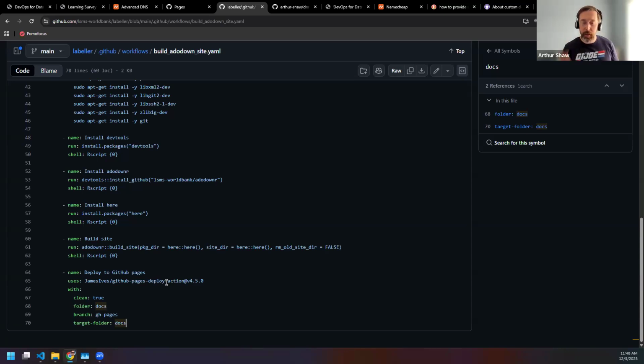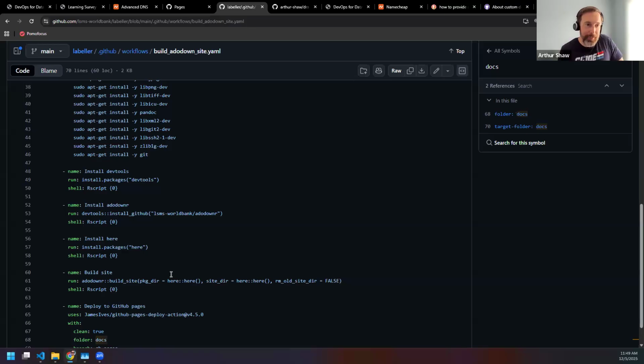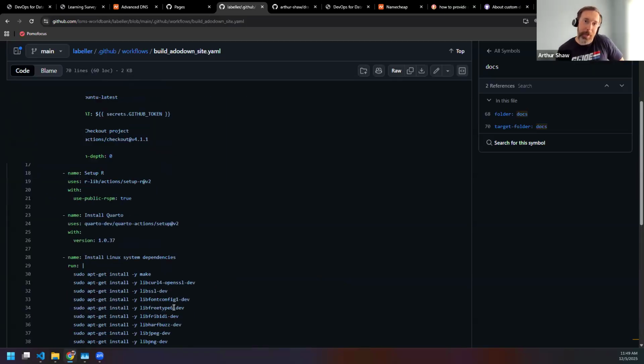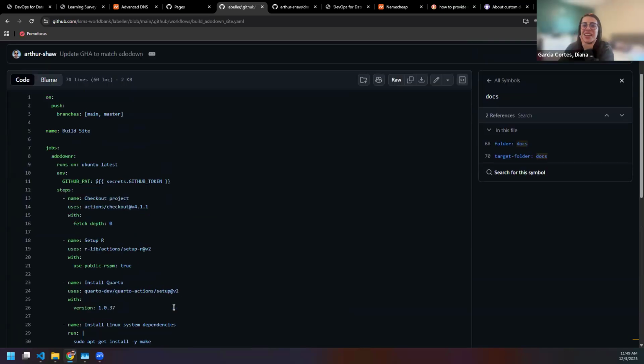If you're a hobbyist like me maintaining an open source package, that number of minutes is basically infinite, for all practical purposes. But if you're doing something in a corporate setting, then yeah, you're gonna blow through that pretty fast. So it's free, but not that free. Yeah, that makes total sense.